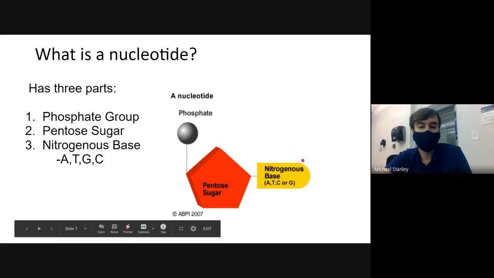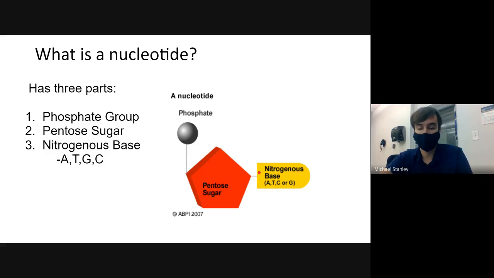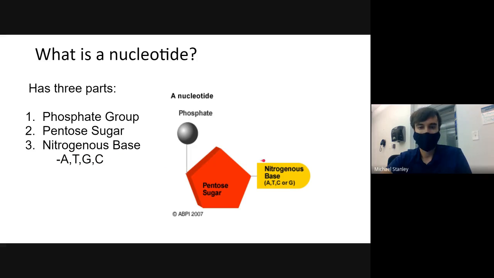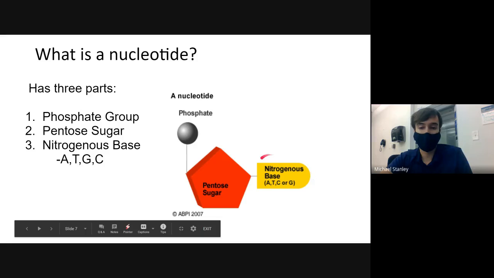And then the third part, and probably the most important part of the nucleotide, is the base, also known as a nitrogenous base. There are 4 different bases that we'll talk about in just a second: adenine, thymine, guanine, and cytosine, usually abbreviated as A, T, G, and C. It could be any one of those 4 bases as our base group on the end here.